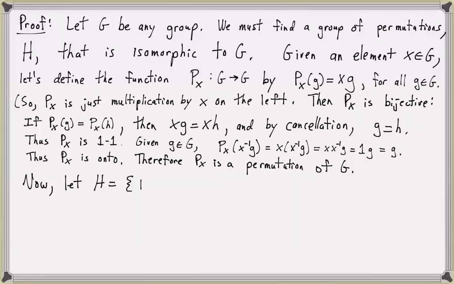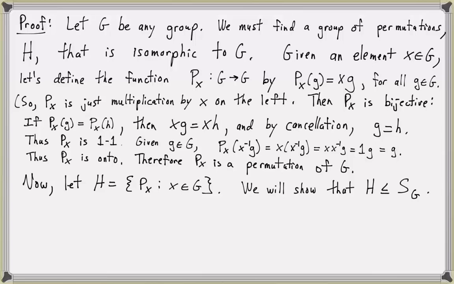So it's a group of elements p sub x such that x is an element of G. Each one of these permutations is just left multiplication by x. We'll show that H is a subgroup of S sub G, the symmetric group on G.